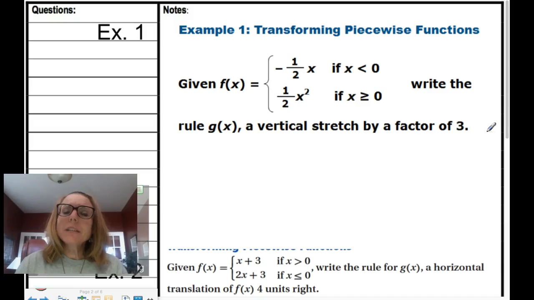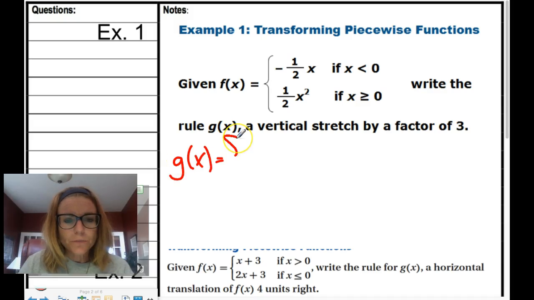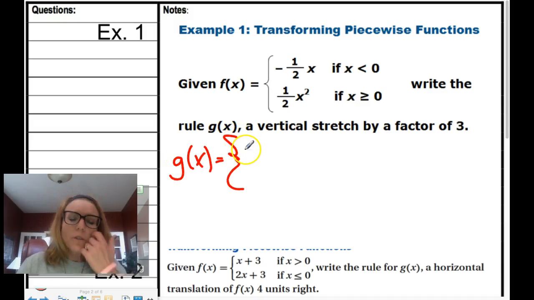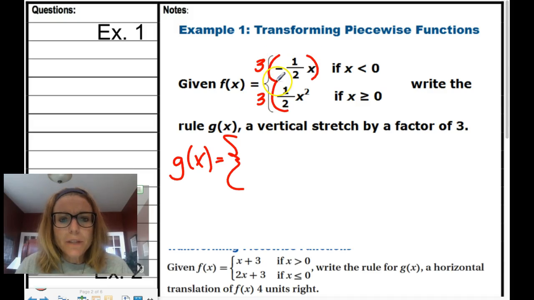So what that means is we're not going right or left, we're not going up or down, we're not changing the interval, we're changing the rule. A stretch of 3 means you're multiplying each function by 3. So we take 3 times this function and 3 times this function.